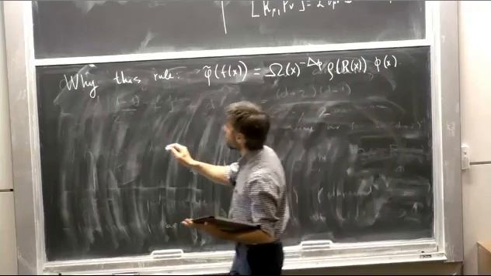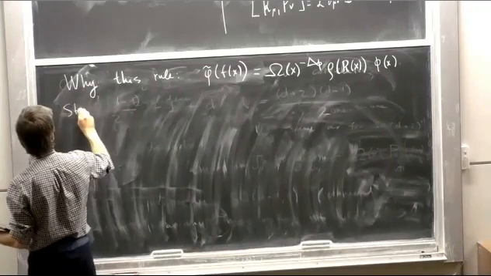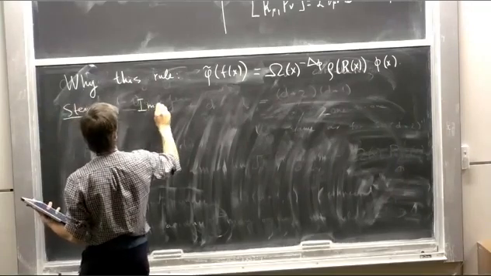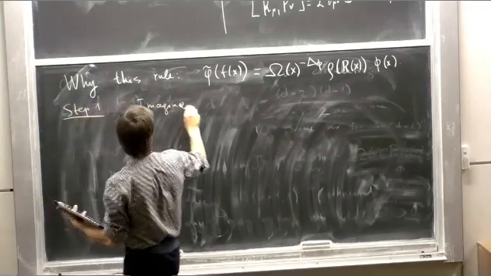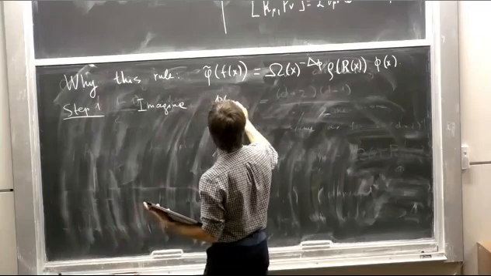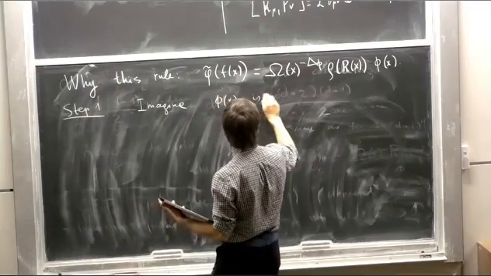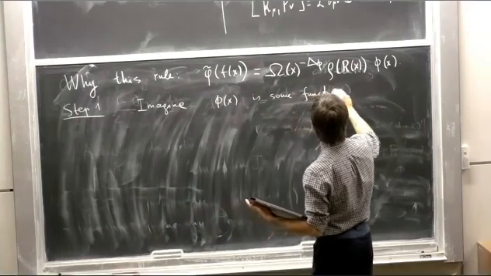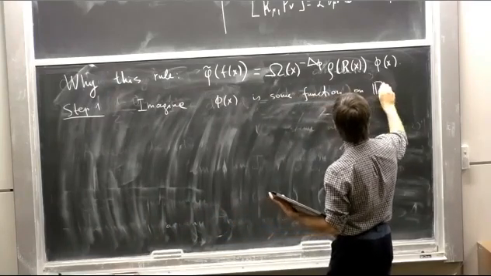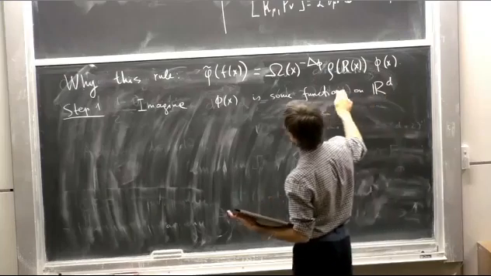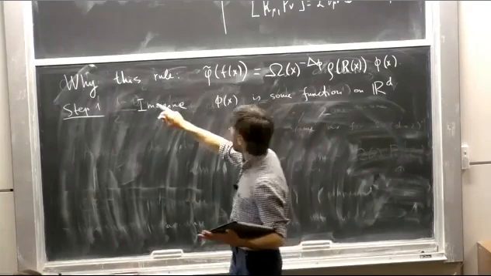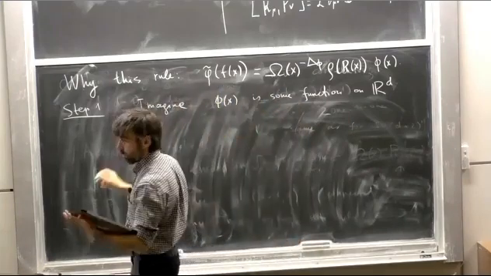So for step one, imagine that phi of x is just some function on R^d, and I take this function and I transform this to another function phi tilde by this formula.